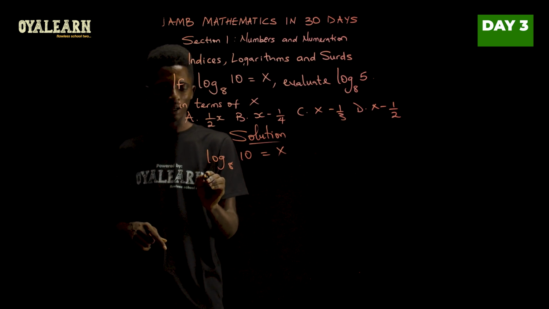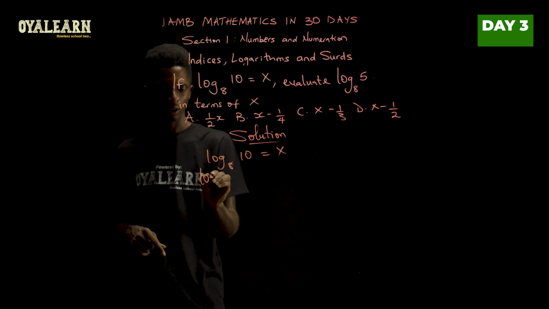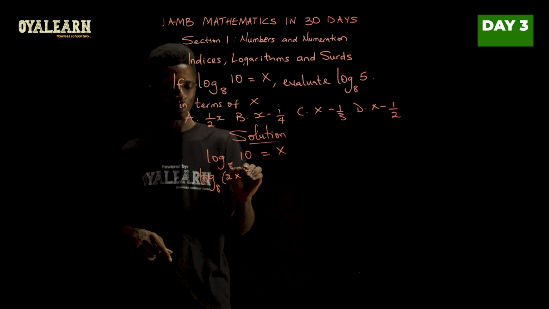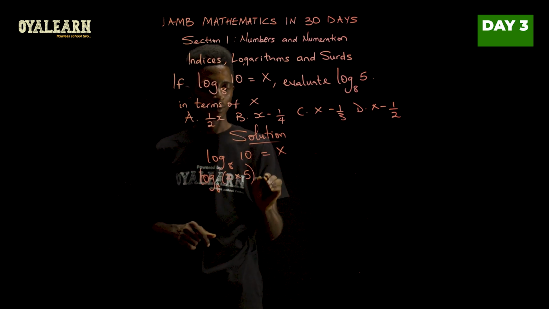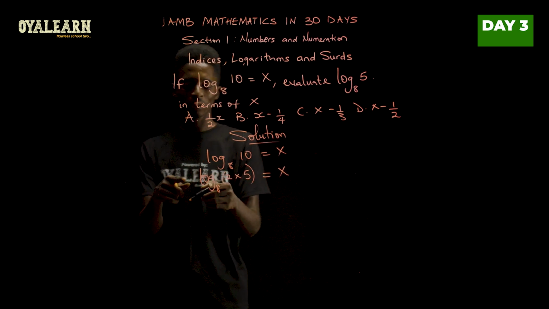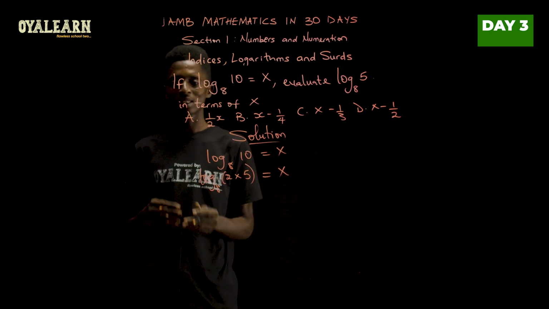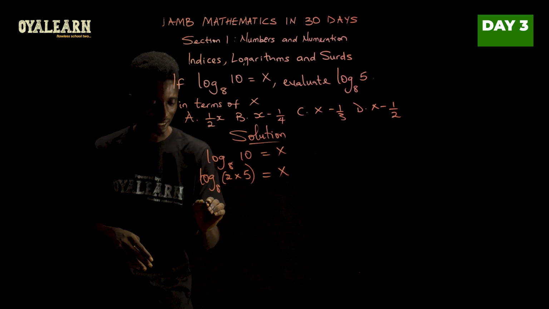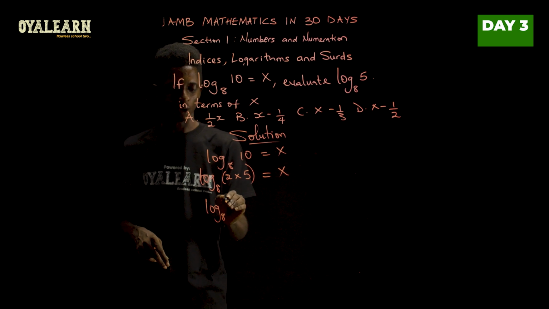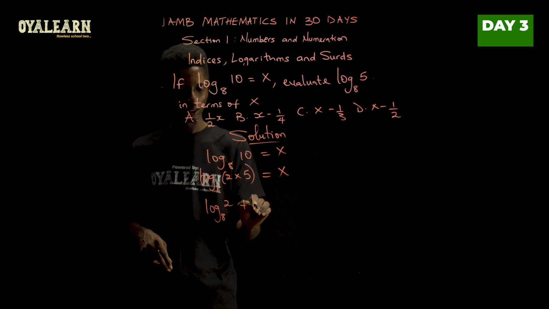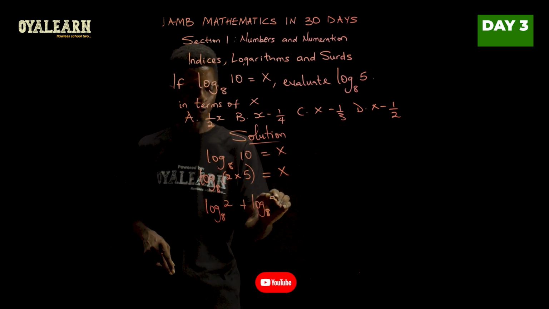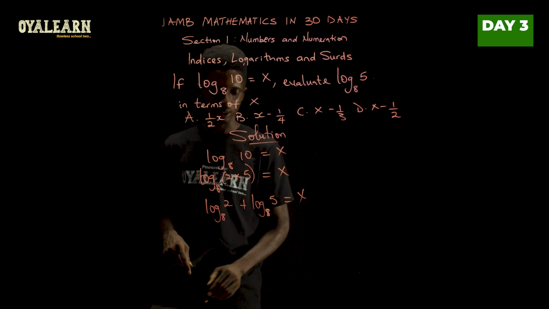So that would mean that we would have log to base 8 of 2 times 5, and this equals x. And when you have products like this with a log, we can then separate this and use addition. So it can be written as log base 8 of 2 plus log base 8 of 5, and all of this equals x.